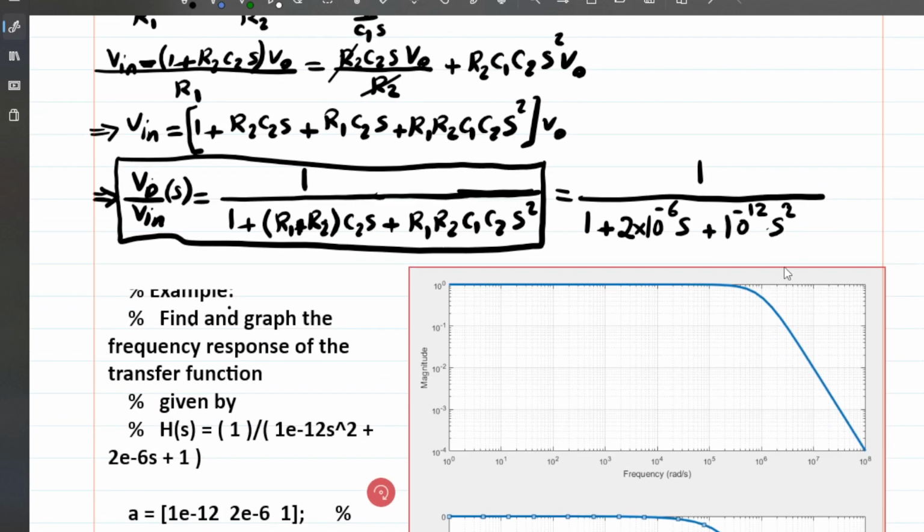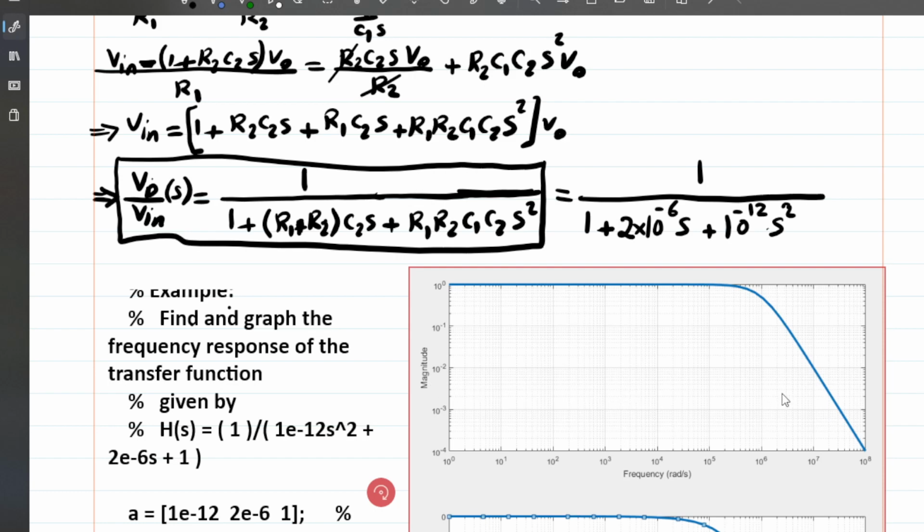As expected, because you have two poles in this system, since the denominator is second order, you can observe two things. One, in the part where it is dropping, the rate of drop for the magnitude is, as you can see, from 10 to the 6, which is 1 megaradian per second, to 10 to the 7, which is 10 megaradian per second, we are dropping by 40 dB.